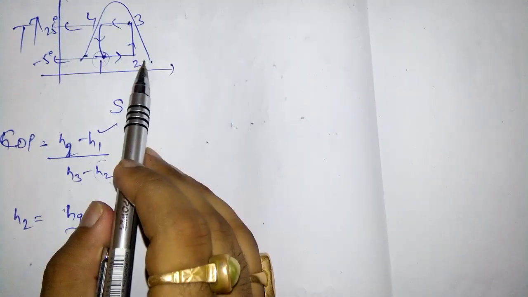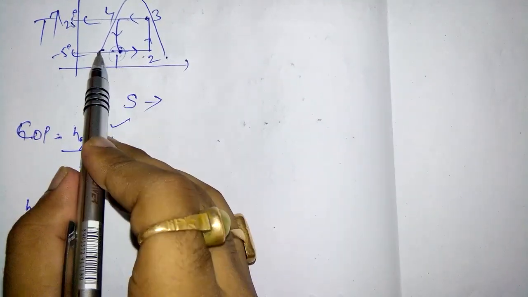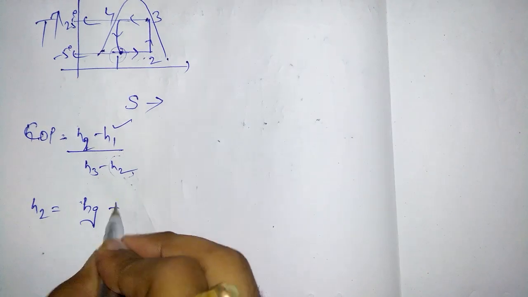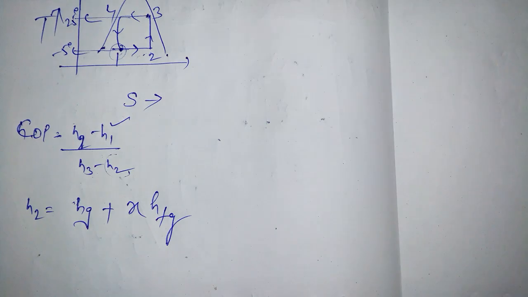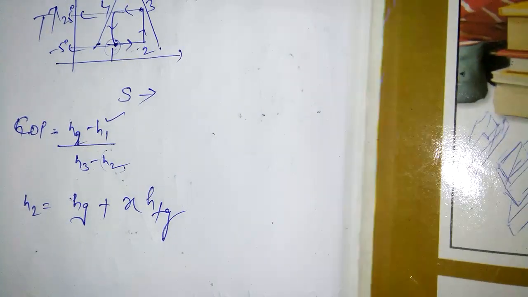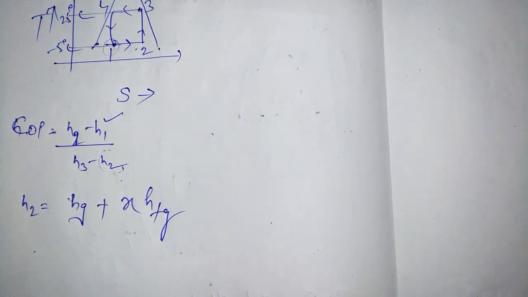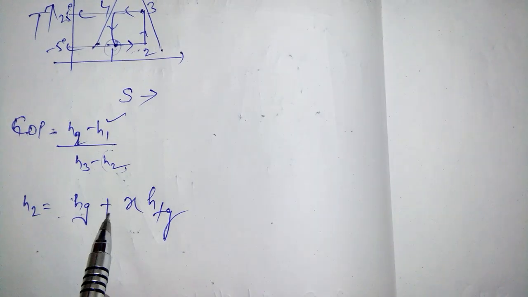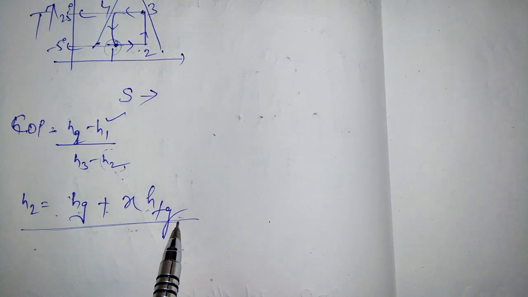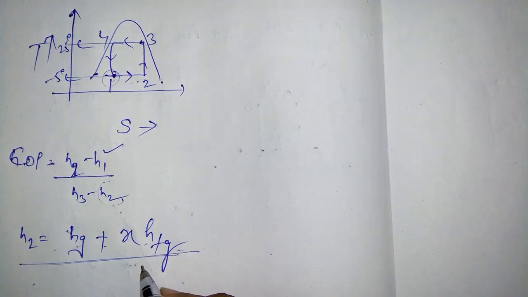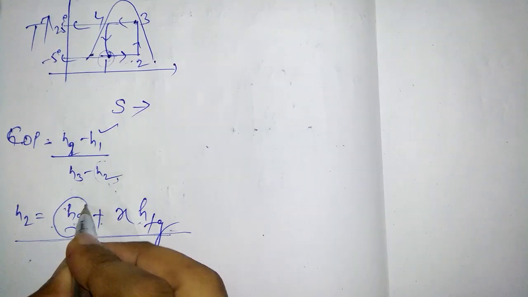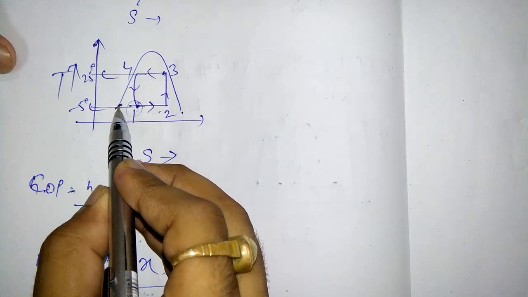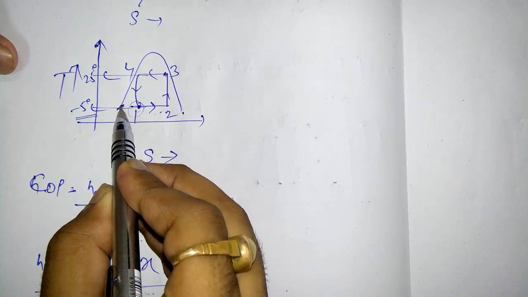So H2 is nothing but Hg plus X into HFG. Hg is at minus 5 degrees Celsius.